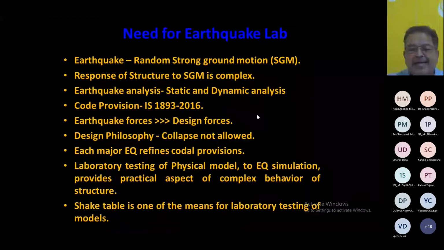And you'll be surprised that the revision of IS 1893 was started in 1993 after the Latur earthquake, and in 2002 it came. So it came after the Bhuj earthquake. So we can say that one earthquake started the revision, and it was completed after another earthquake, right?